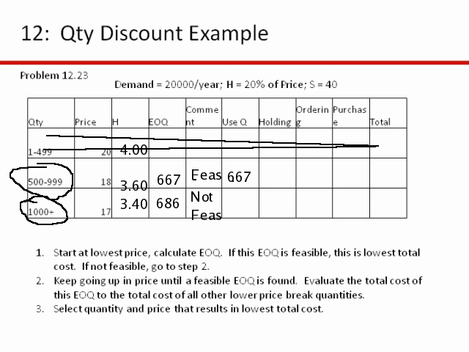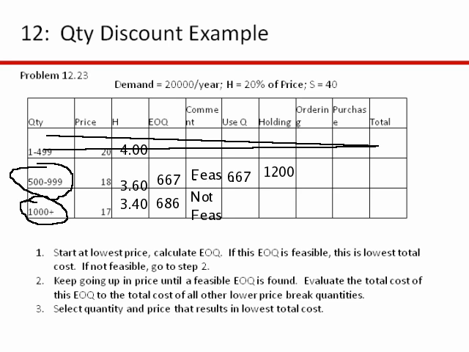That's going to give us a holding cost of $1,200. And then the ordering cost is the demand of 20,000 divided by 667 times the ordering rate, which was 40. So that's going to give us $1,200.